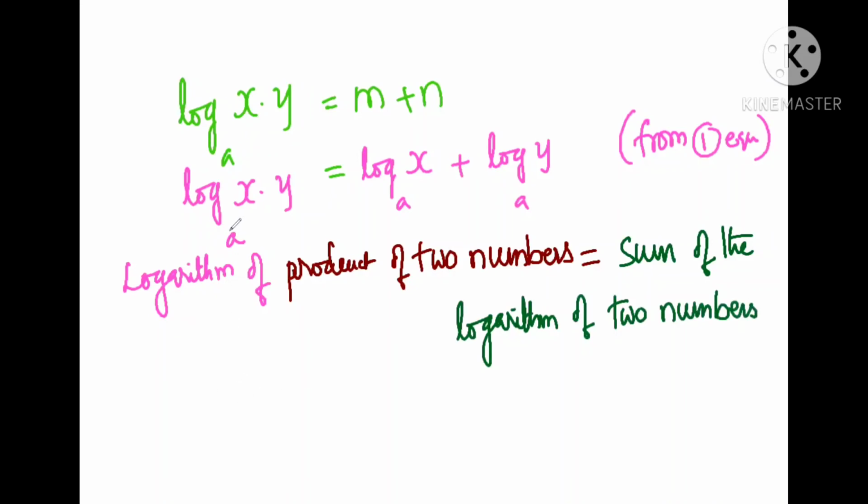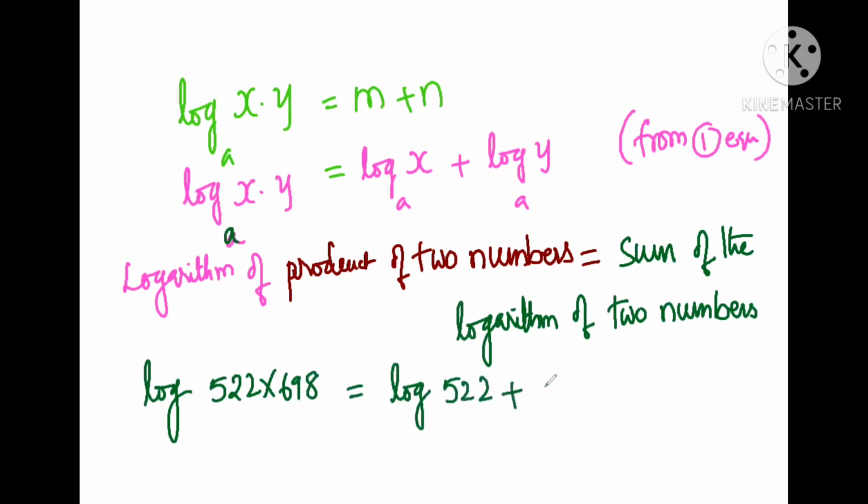We have already seen the application of this rule. So logarithm of 522 into 698 is equal to logarithm of 522 plus logarithm of 698.